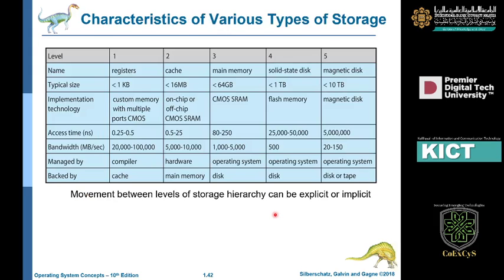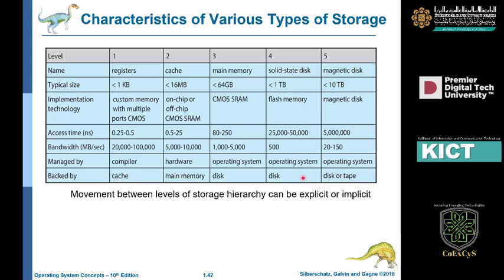As well, right? So here are some of the characteristics of various types of storage. So registers, cache, main memory, right? You can see registers and cache are usually on chip, on the CPU most of the time, on the hardware level. And we have main memory, CMOS SRAM, flash memory, magnetic disk, right? So this is probably the last.